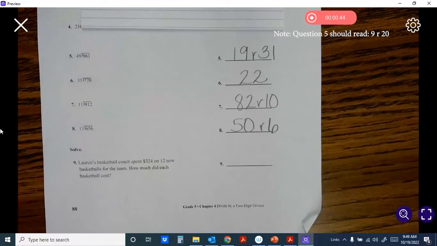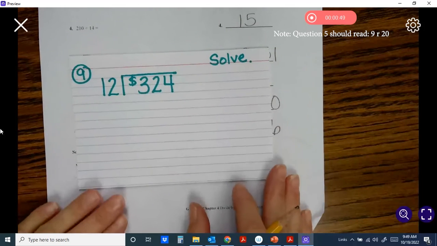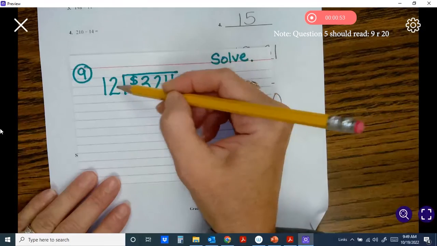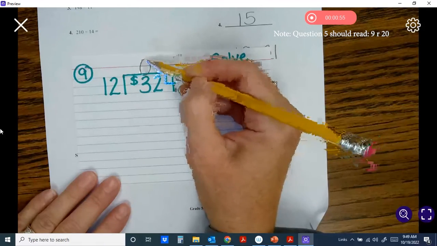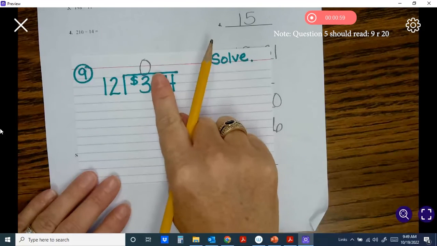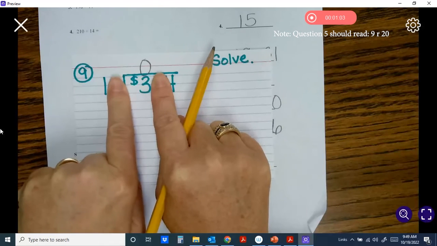Okay, so basically for this problem we're going to take $324 and divide that by 12. 12 cannot divide 3. 12 can divide 32, so we're going to cover up the 2, cover up the other 2. 1 can go into 3 3 times.